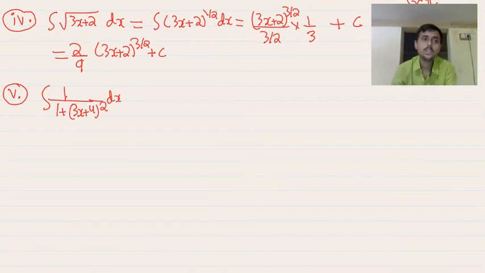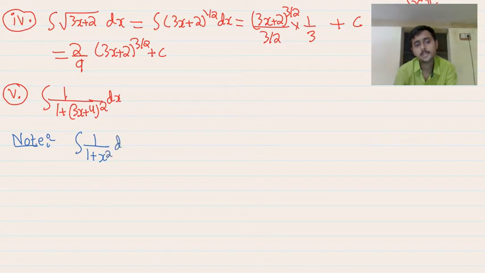So note down the new formula, write down a note which would say: integration of 1 upon 1 plus x square dx. The value of this integral will always be tan inverse x.